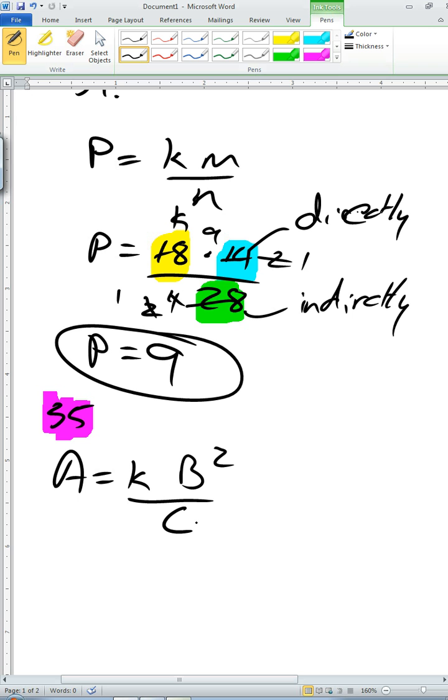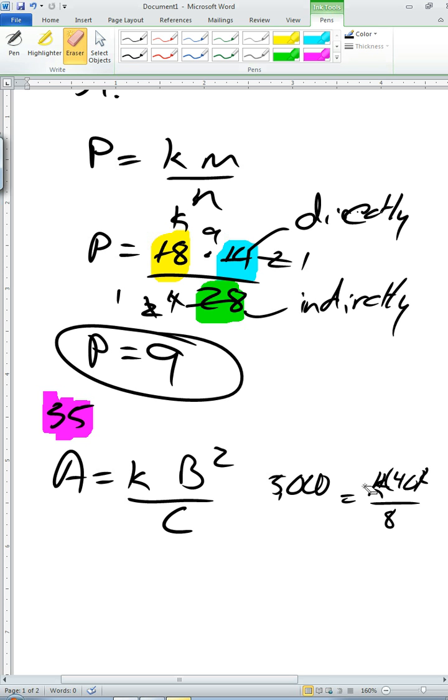And it says A is equal to 5,000 when B is equal to 40. That's a K there too, by the way, for our constant. And C is equal to 8. Oh, that was rotten. I'm going to erase that. Hold on.